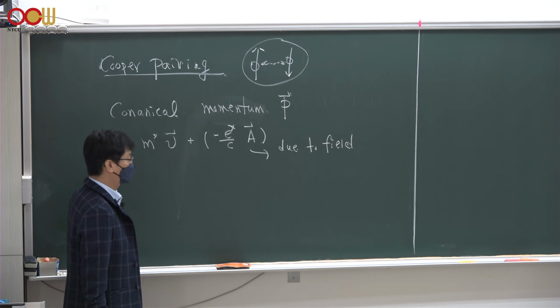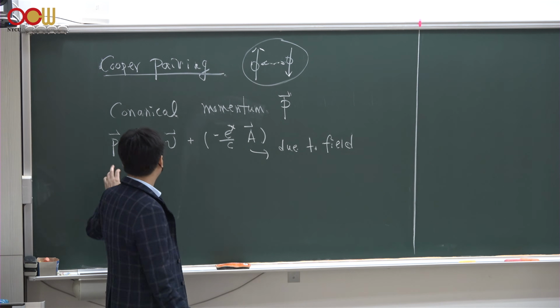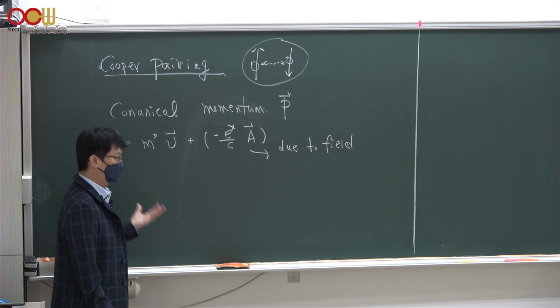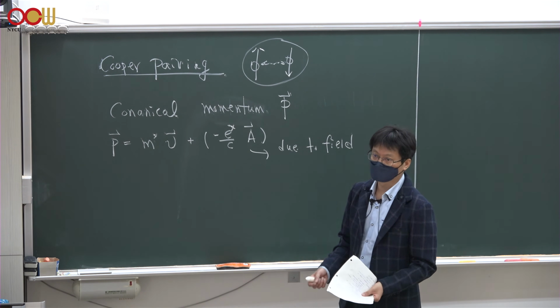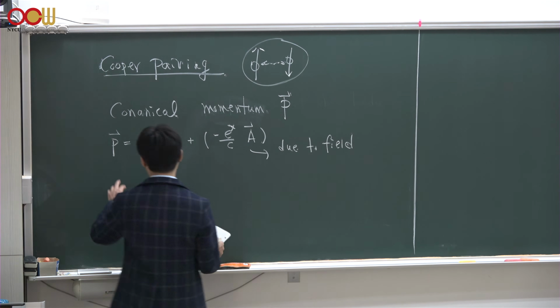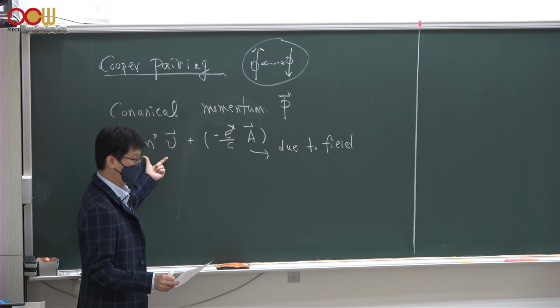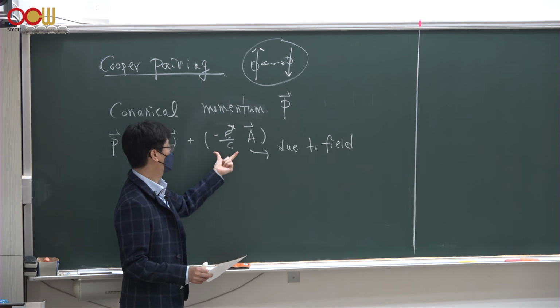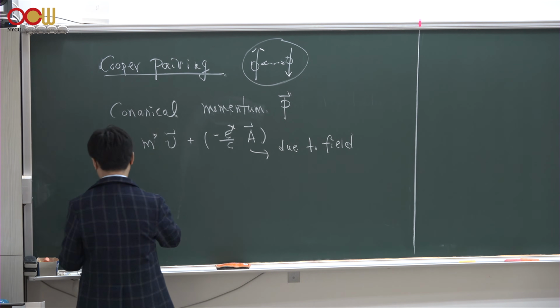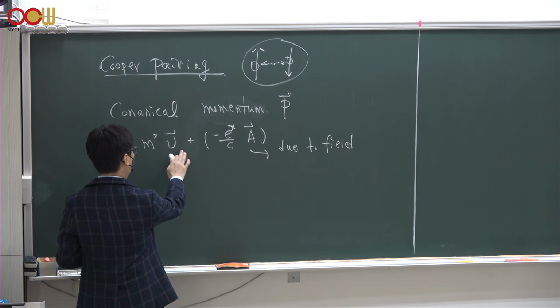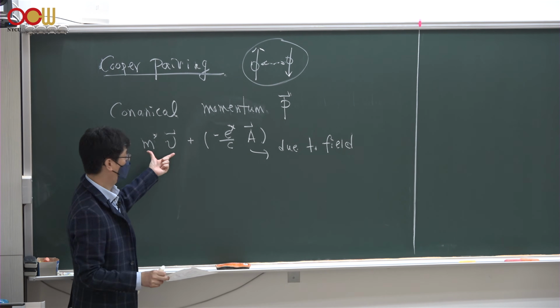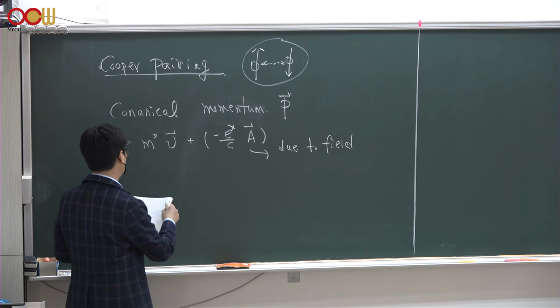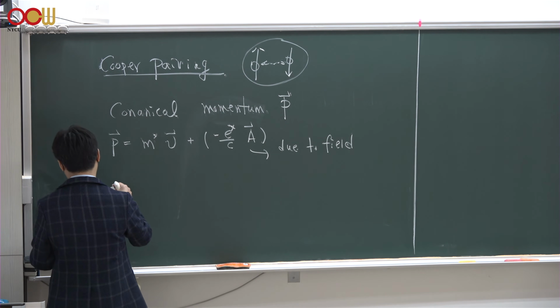As a result, when the charged particle moves, the momentum that leads to the standard kinetic energy of the Hamiltonian should be defined this way. In addition to m times v, we need to add this extra vector potential term. If you are not familiar with the canonical momentum, you should go back to classical EM and check its definition.